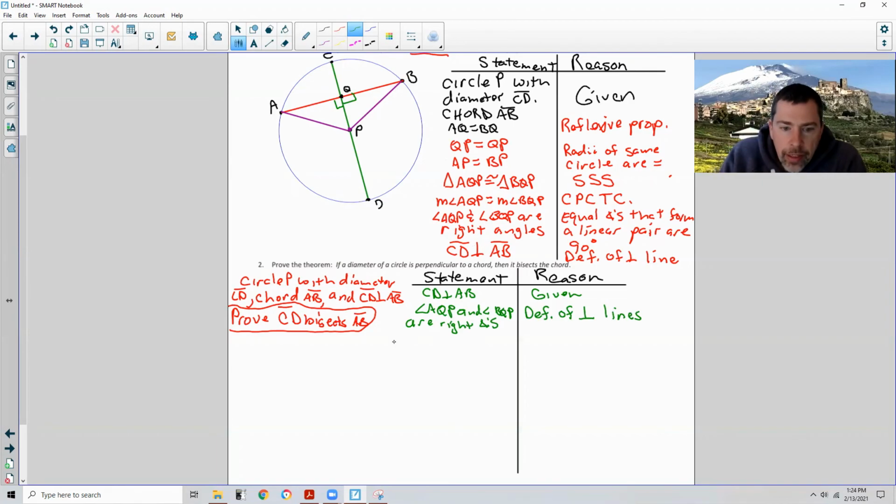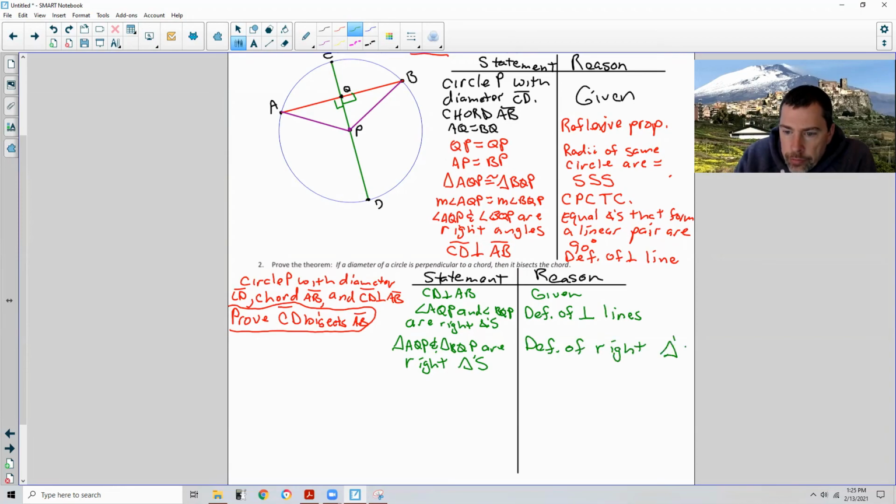So now I can say triangle AQP and triangle BQP are right triangles. That's simply the definition of right triangles. If you've got a 90-degree angle in a triangle, it is a right triangle.